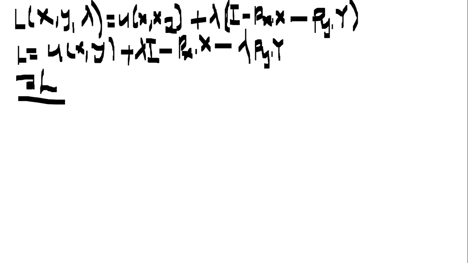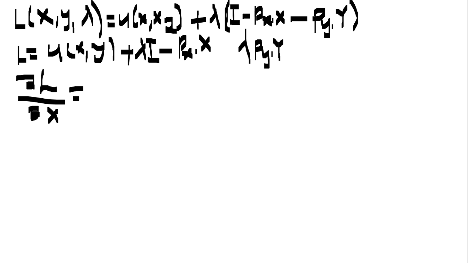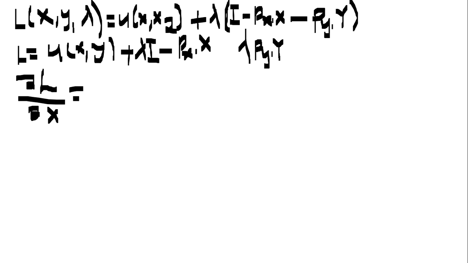So the change in L due to change in x, and px, the price of good x, by x. We've left out lambda. Is it okay? Wow, you are following. This is good. Okay, so let's put our lambda there, and we put the minus there.